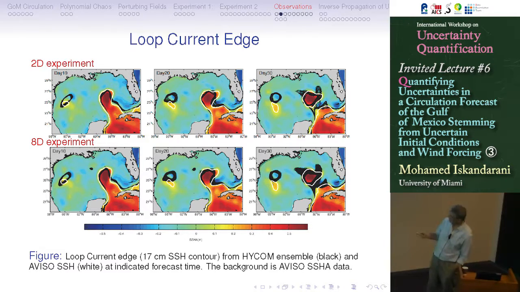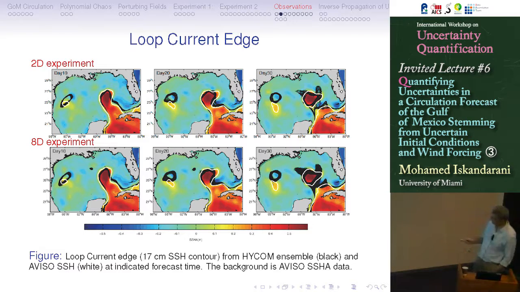It's clear that the wind is controlling the uncertainty in the central Gulf of Mexico. Sorry, it's the initial conditions that are controlling the uncertainty in the central Gulf of Mexico, and it's the wind that is controlling it on the shelves. And there is very little interaction between the two.